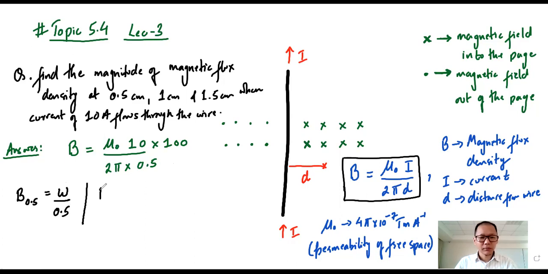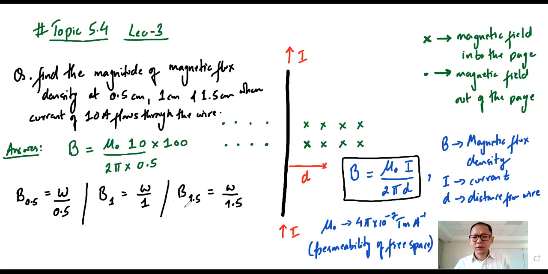And magnetic flux density at 1 centimeter is basically then W over 1, right? And the magnetic flux density at 1.5 is basically W over 1.5.